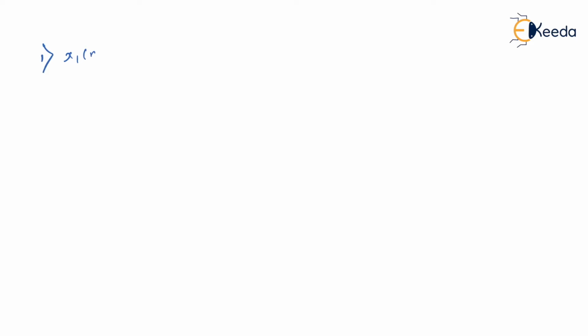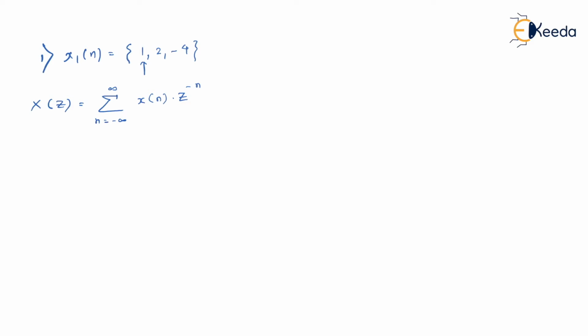So x1 of n, which is given to me, is 1, 2, 4, and the arrow mark is shown here. This arrow mark indicates the n equal to 0 position. So let us write the formula of X of z, which is summation n equal to minus infinity to infinity x of n z to the power minus n.